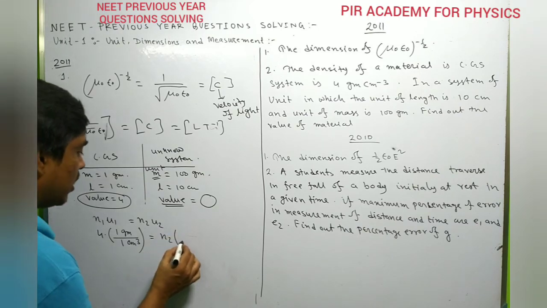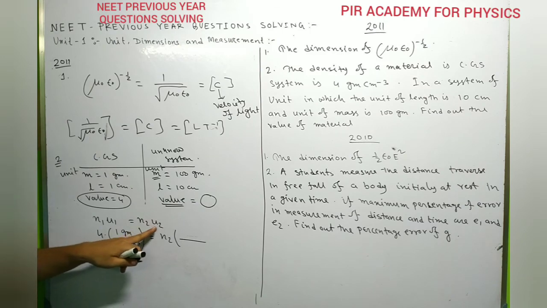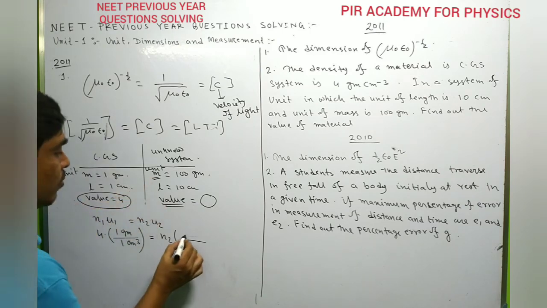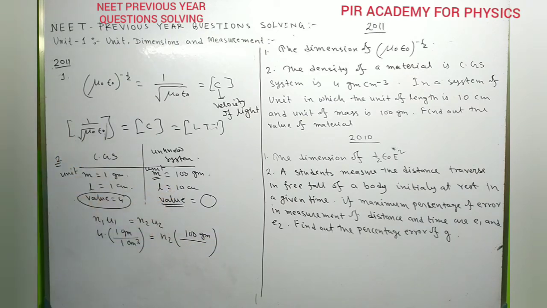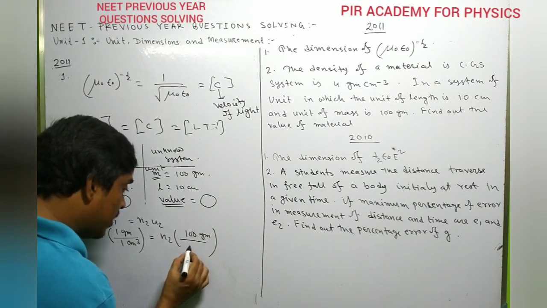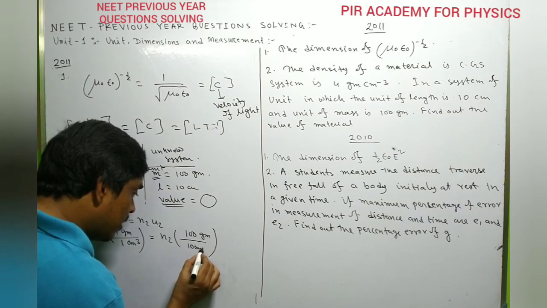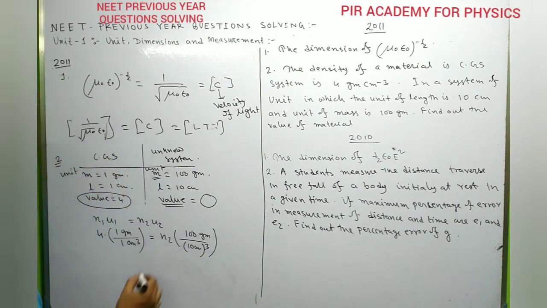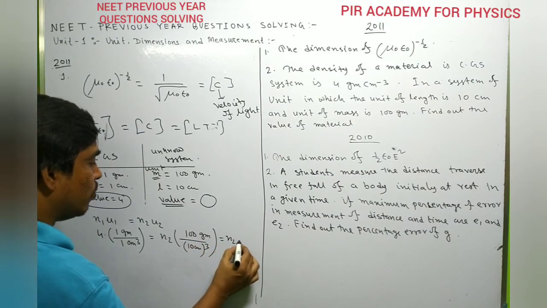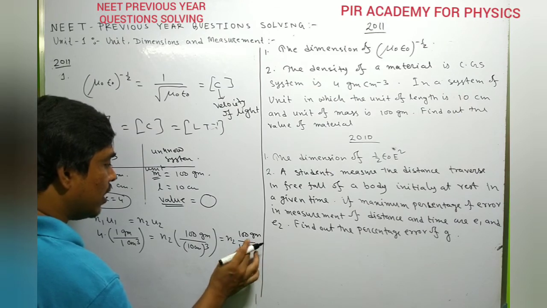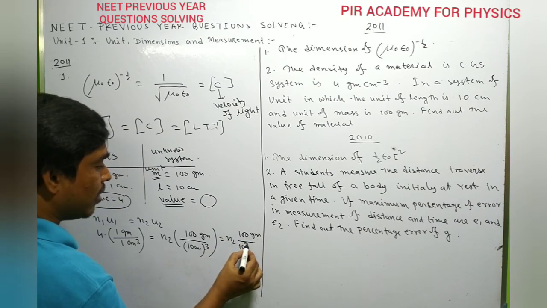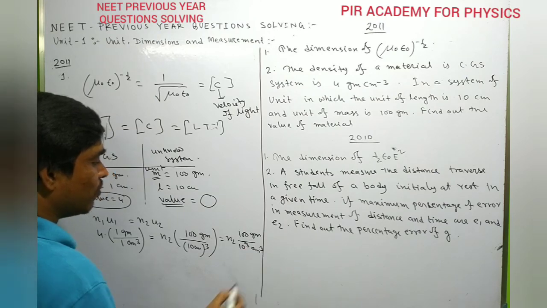Now the unit of mass is 100 gram. The unit of length is 10 cm, so it can be written as 10 cm whole to the power 3. So n2 equals 100 gram over 10 to the power 3 cm cube.